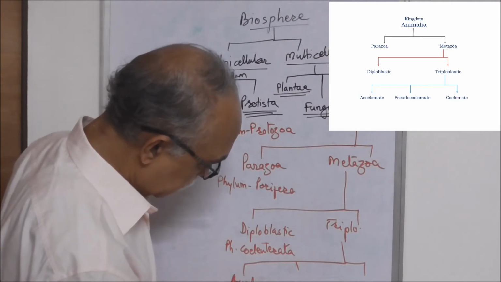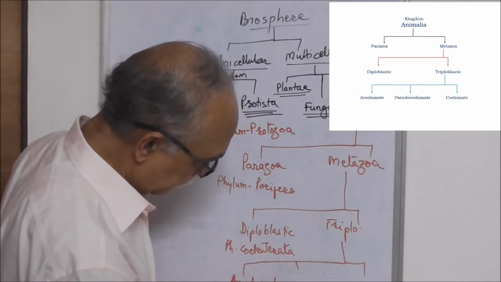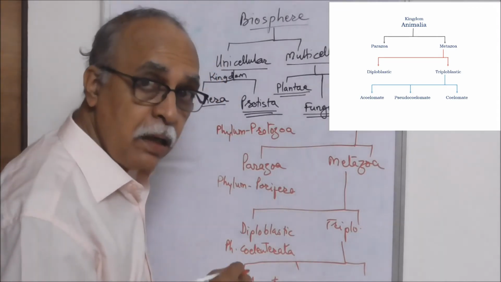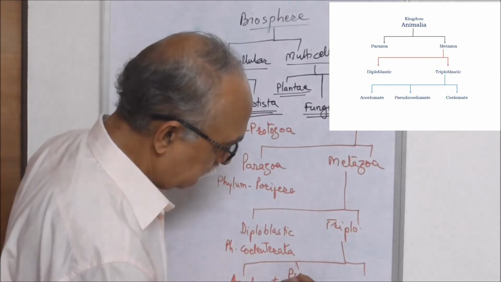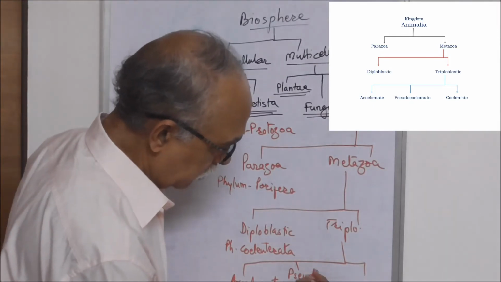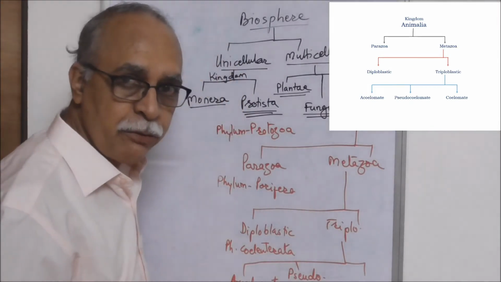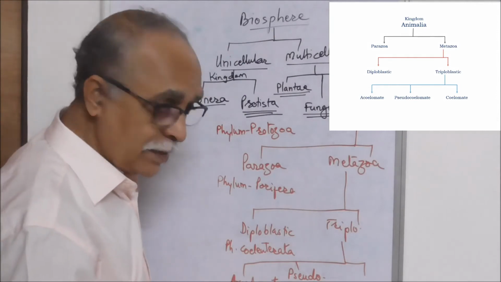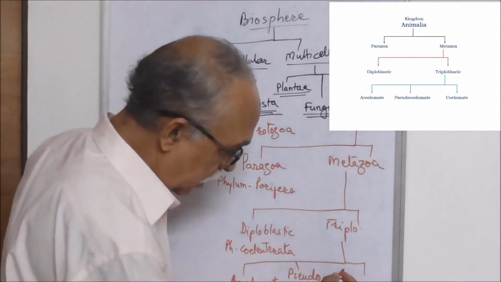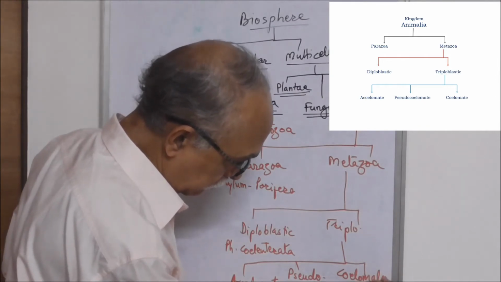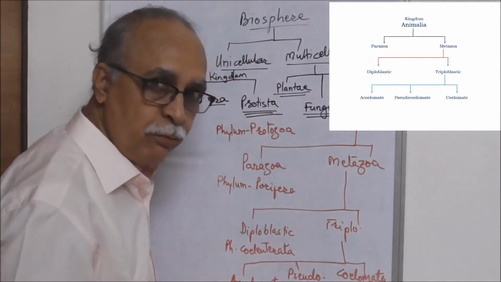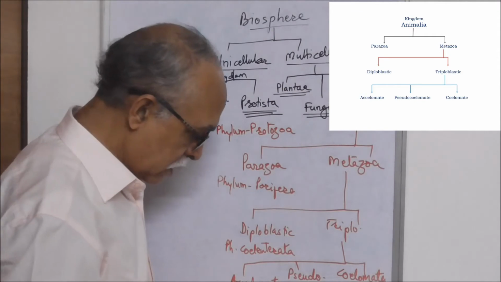Acoelomata, that is triploblastic but without coelom. Pseudocoelomata, that is triploblastic with false coelom, and coelomata, that is triploblastic coelomate animals.